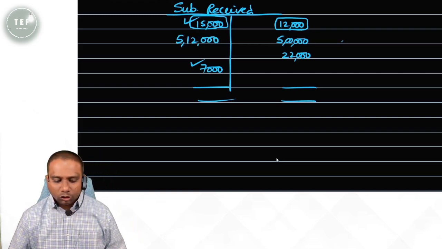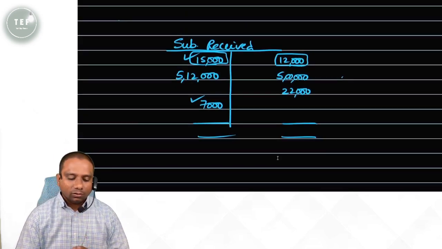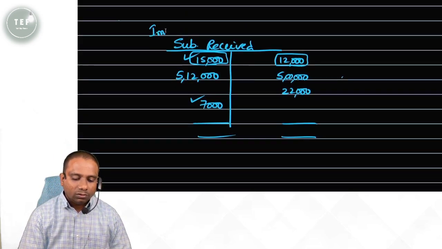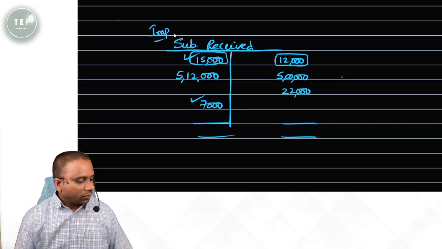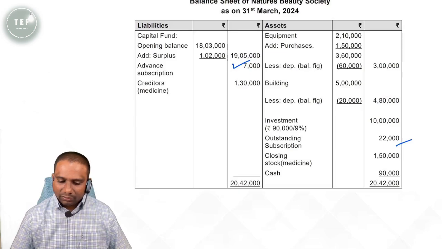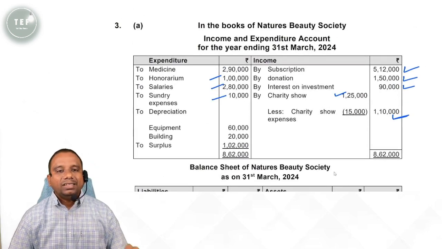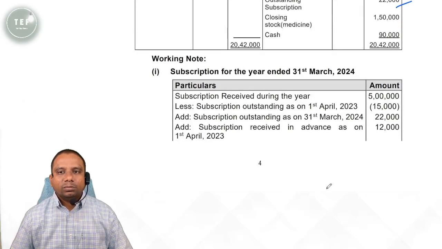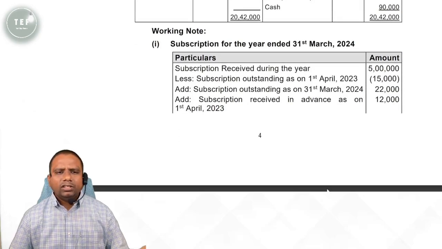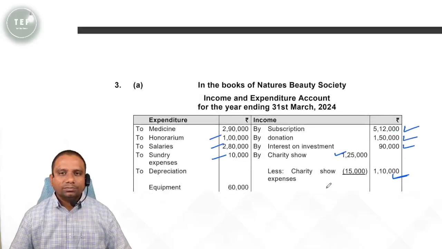This 5 lakh 12,000 rupees is the subscription received to be transferred to the income and expenditure account. Important working note in this problem. Next one. Observe here, 5 lakh 12,000. They have prepared a statement, student. Here you can prepare a statement or an account, not an issue.